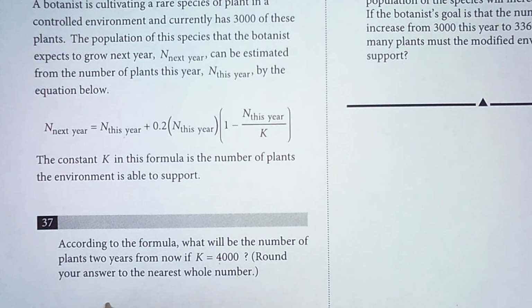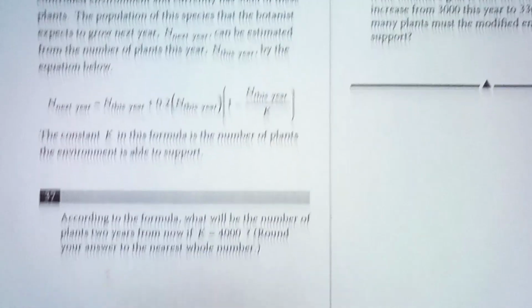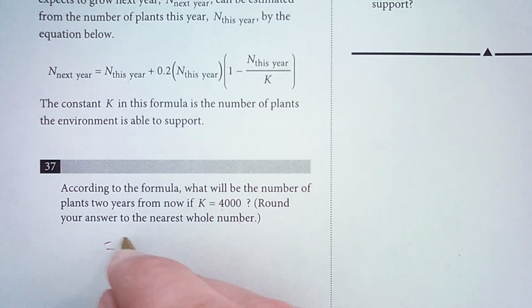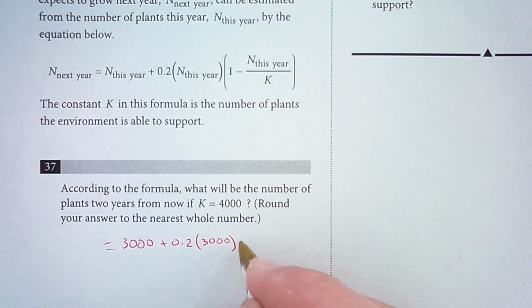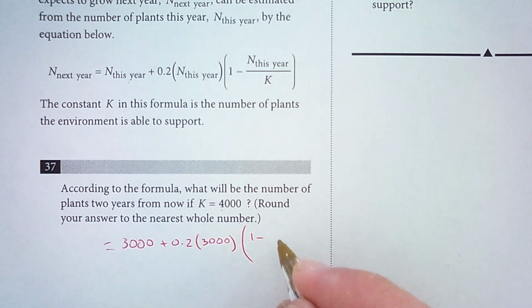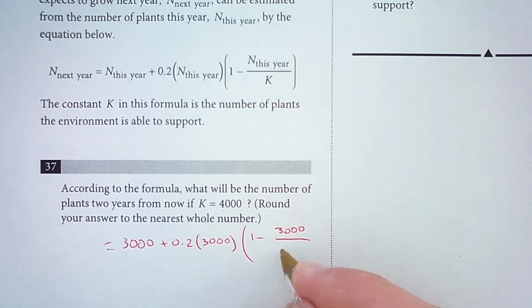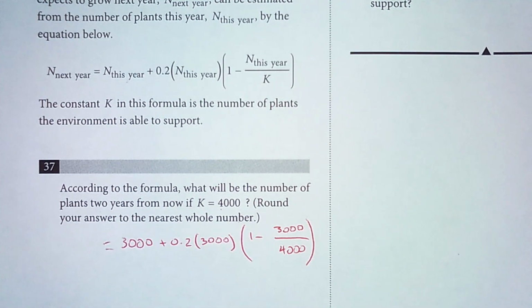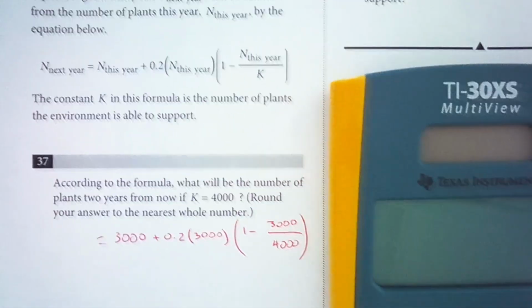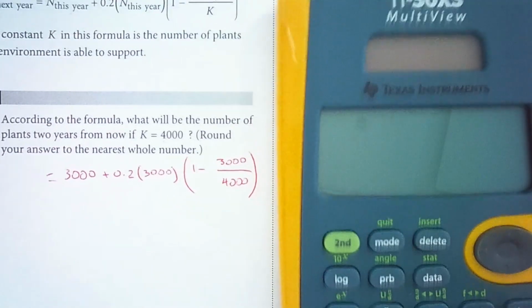So N sub next year equals 3,000 for N sub this year plus 0.2 times N sub this year, another 3,000, times 1 minus 3,000 for N sub this year over K, which is 4,000. Okay, now I'm just going to plug this whole thing in my calculator, since this is a calculator test.